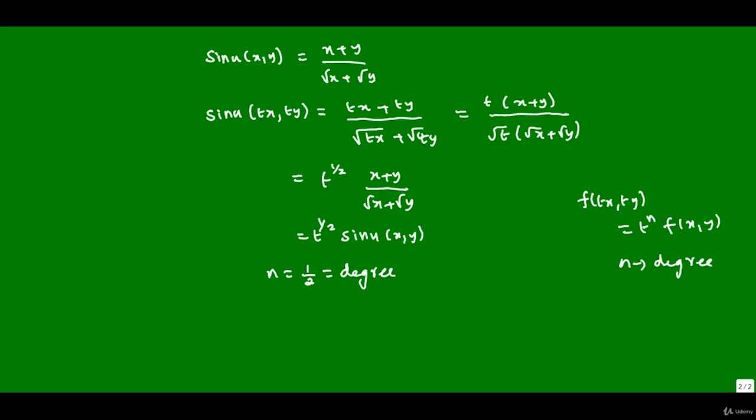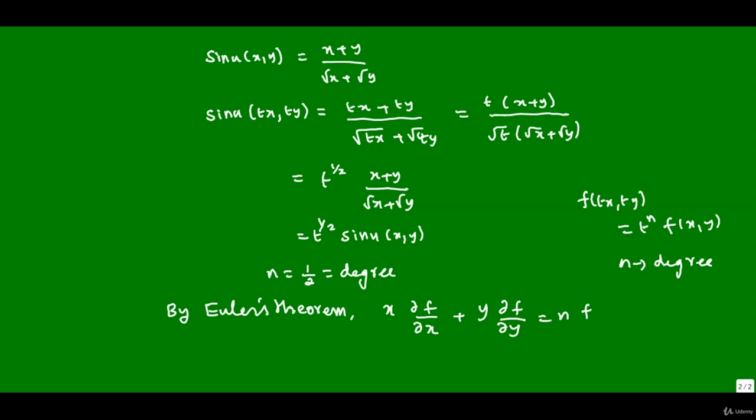Now you know the statement of Euler's theorem. By Euler's theorem, x into dou f by dou x plus y into dou f by dou y equals n into f. Here, instead of f, sin u is given.